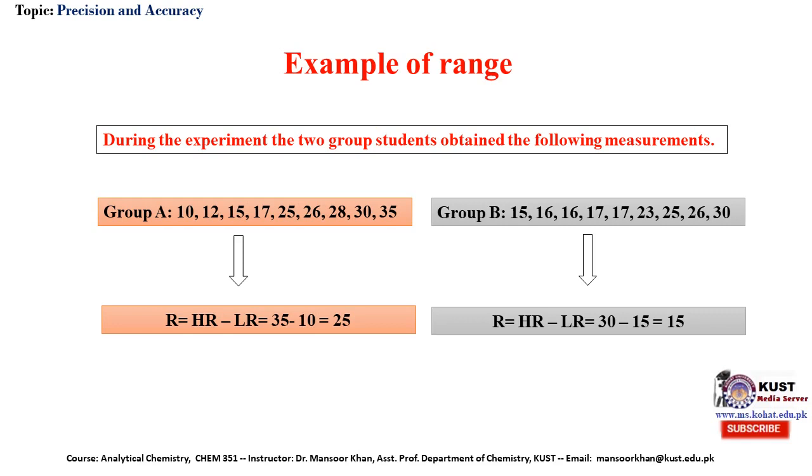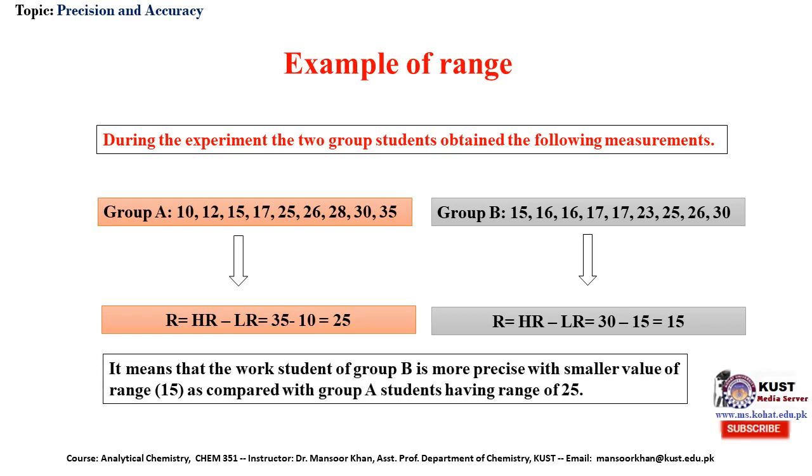It can be concluded that the data of the students of group B is more precise as compared to the data of the students of group A, because the range value of group B is 15, which is less as compared to 25, the range of group A. It means that group B is more precise with a smaller range of 15, as compared with group A having range 25.